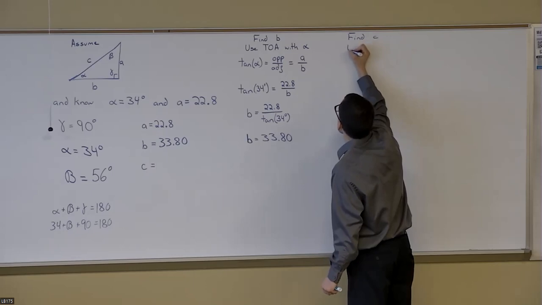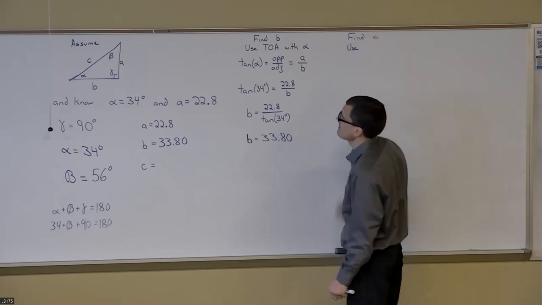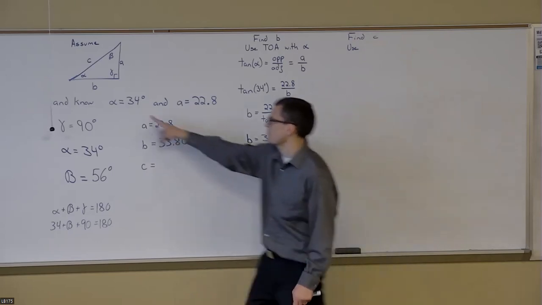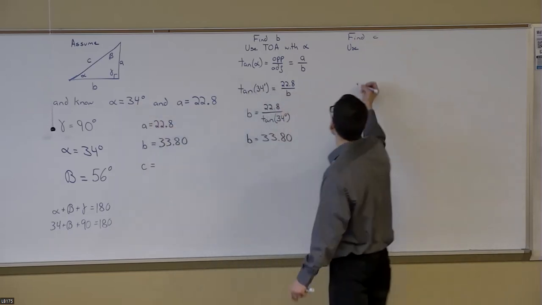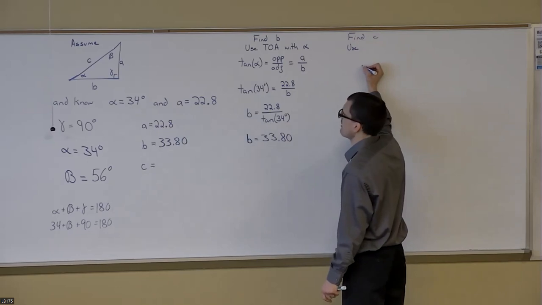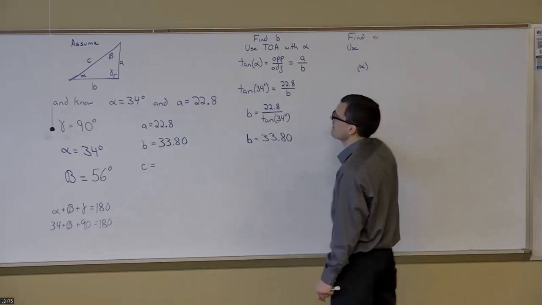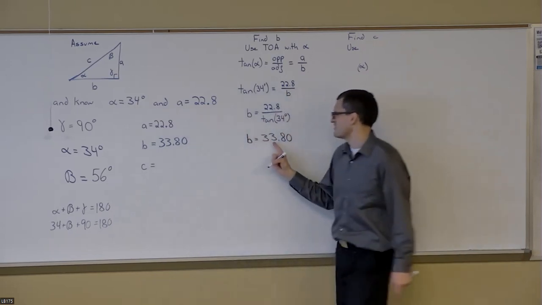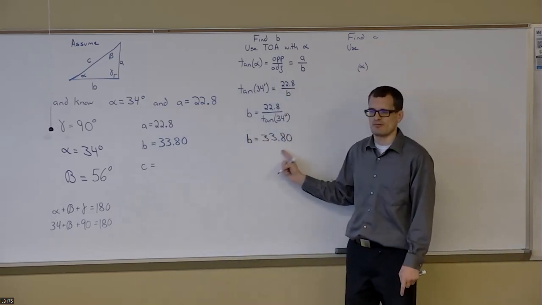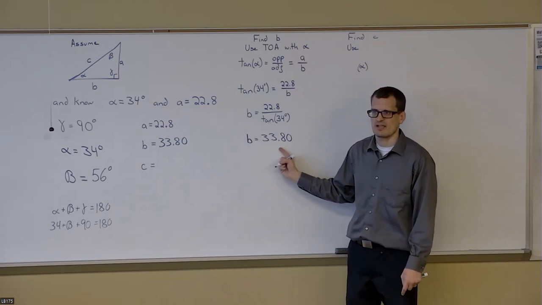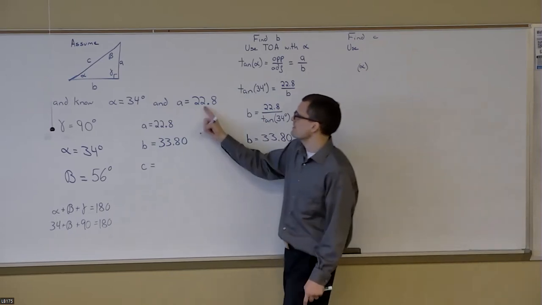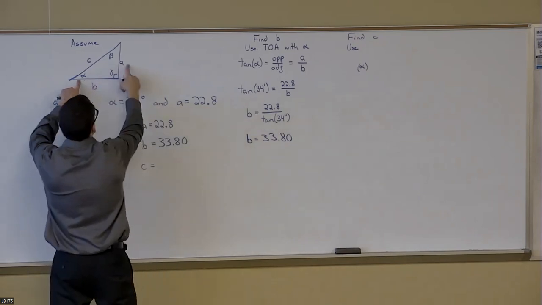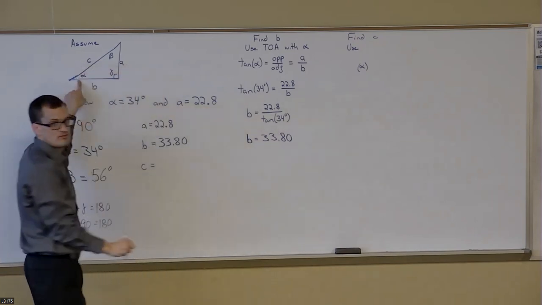So here's what I'm going to use. Let me think about this. I'm going to use alpha again because that's the one I was given. And I'll use A because usually I like using the given ones. Notice that this 33.80 was a rounded number. So let's do opposite over hypotenuse for alpha.